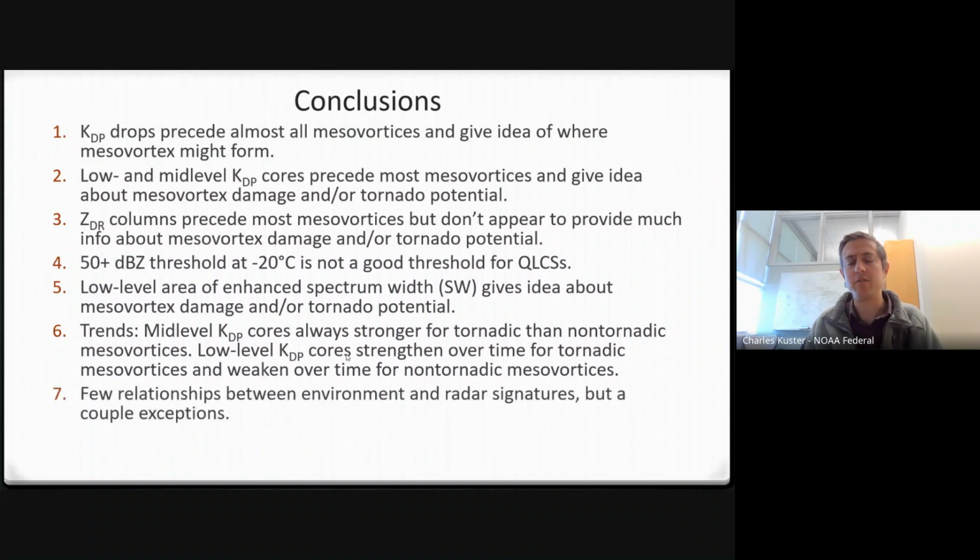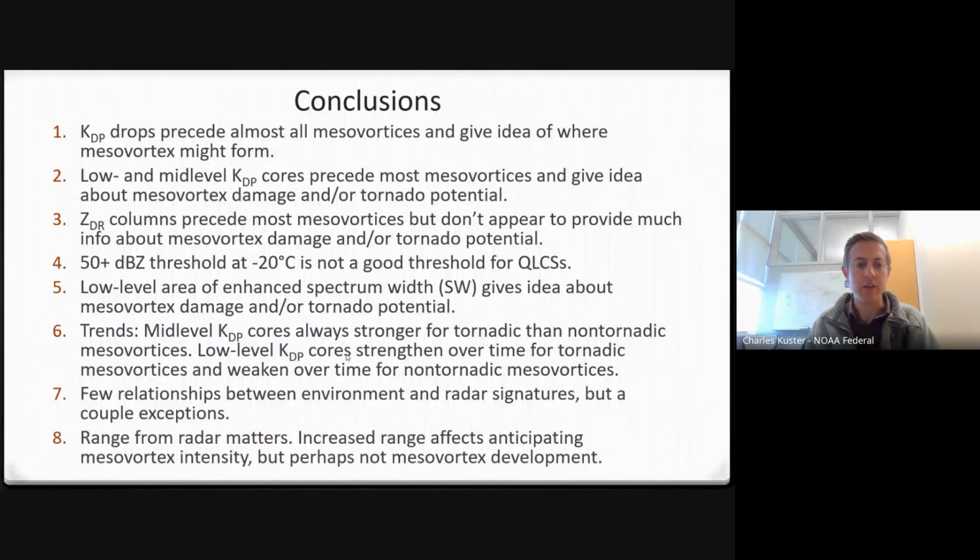We looked at the environment using RAP data, and for the most part didn't see a whole lot, but there are a couple exceptions that I'll go over. But for the most part, not a lot of strong connections between the radar signatures themselves and the environment in which they were occurring. And then range, we did want to look at range and see how that affects all of the results, and the range from the radar does matter.